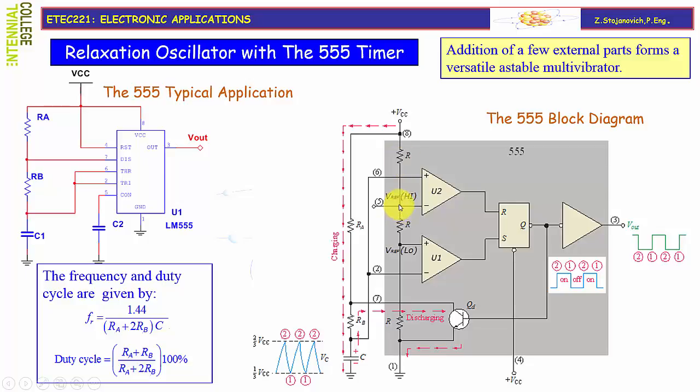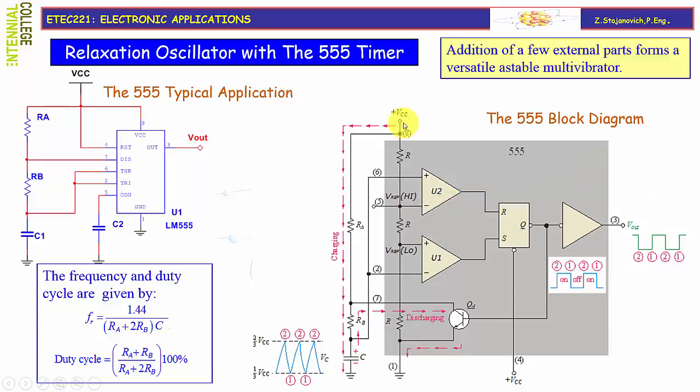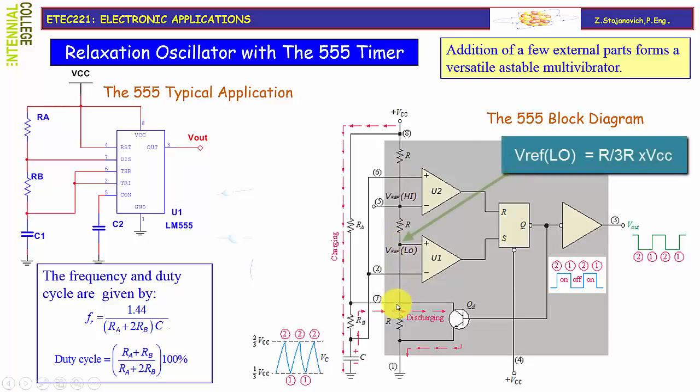Now, the high reference voltage is defined with the voltage divider R plus R over 3R times VCC, making 2/3 of VCC. And the low reference voltage, Vref low, is defined with voltage divider R over 3R times VCC, which makes 1/3 of VCC.